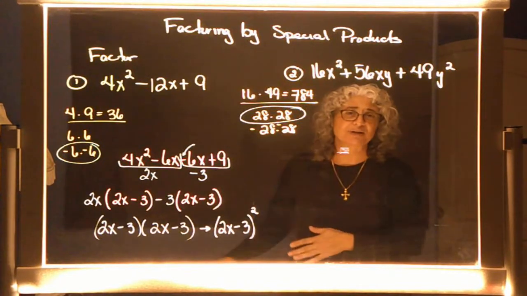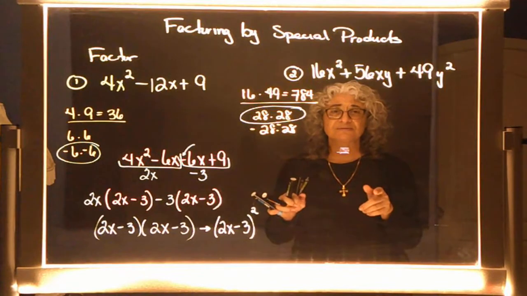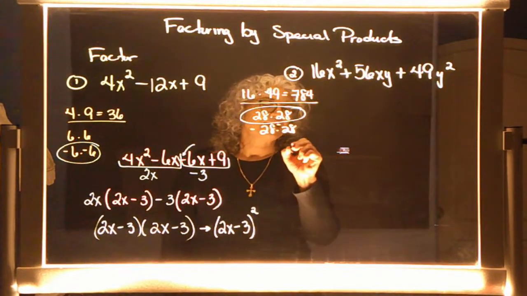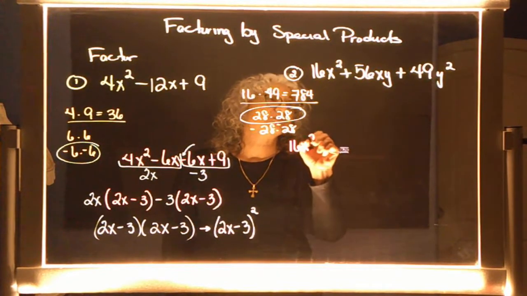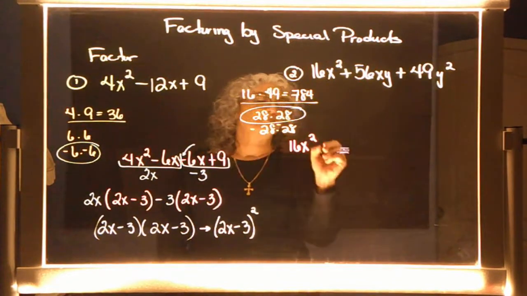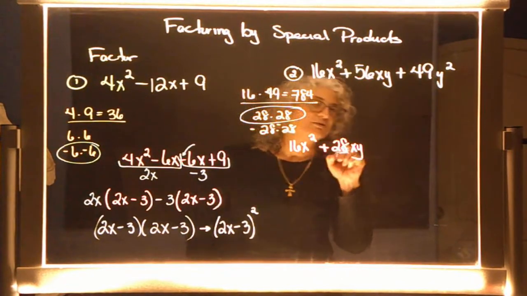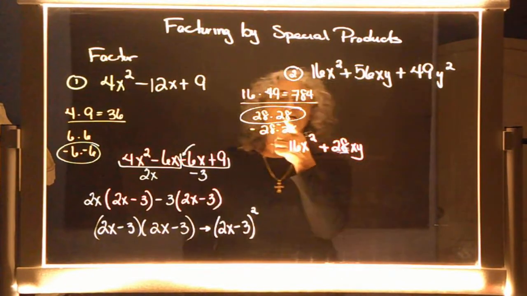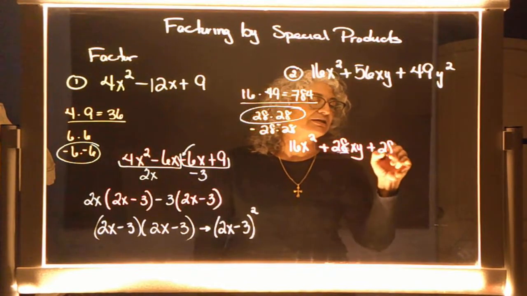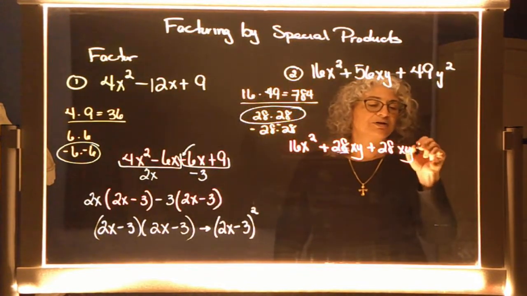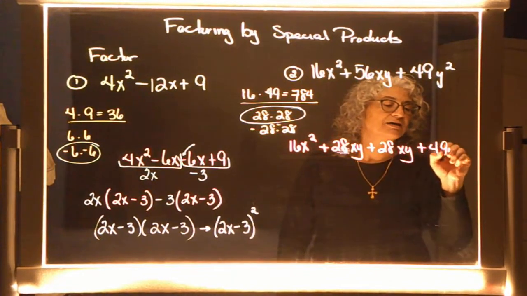I don't have to bother writing all the rest of them. Cool? Okay, so let's see what this looks like then. Yeah, we have 16x squared, then what? Good, positive 28xy, wonderful, and another positive 28xy, awesome, and then the positive 49y squared.